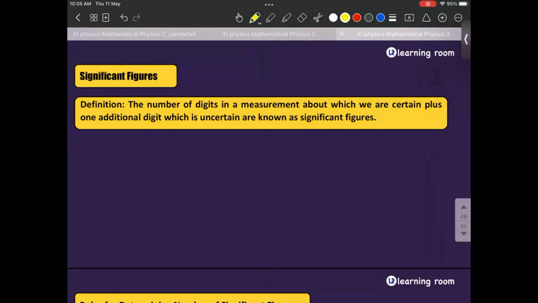Depending on the device you use, you'll be able to report the answer in terms of multiple decimal values. Some of you might report the answer as 10.2 centimeter, some as 10.25 centimeter, some as 10.252 centimeter. Depending on how you represent the answer, it says something about the precision, right?